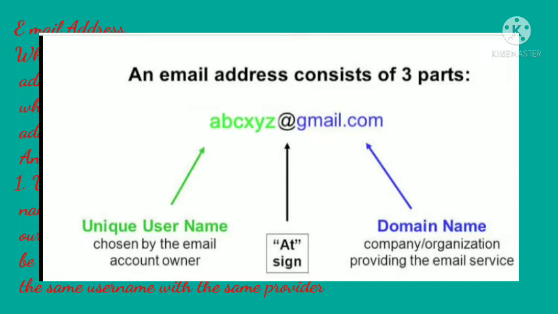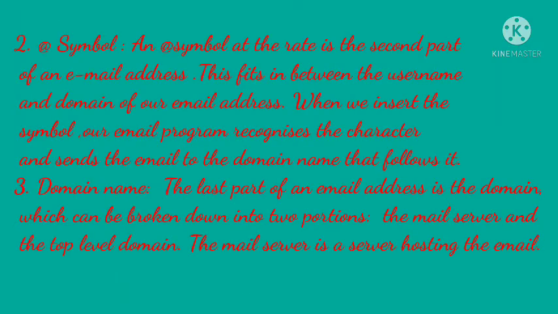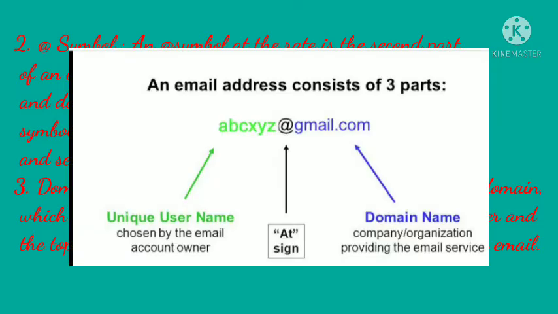For example, in an email address like publications educare at gmail.com, publications educare is the username. The second part of an email address is the at the rate symbol. This symbol is placed between the username and the domain of our email address.